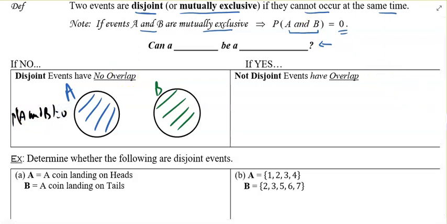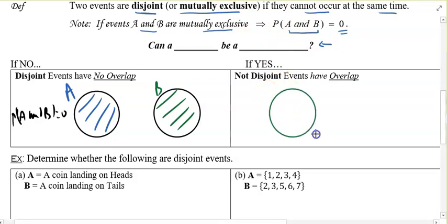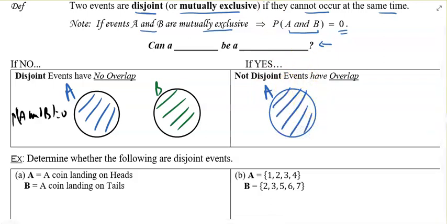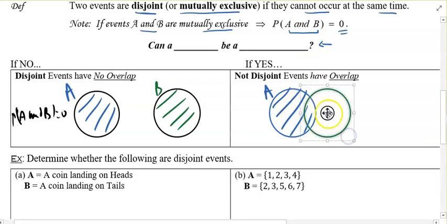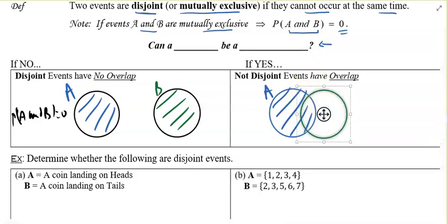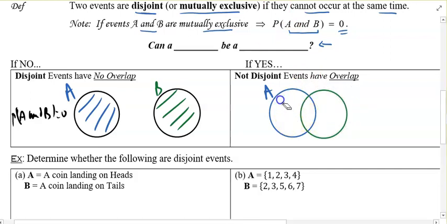Versus if I look at A, you know what? Let me stick with the same coloring. If I call this event A, call this event B. So let me do that and show you how that works.